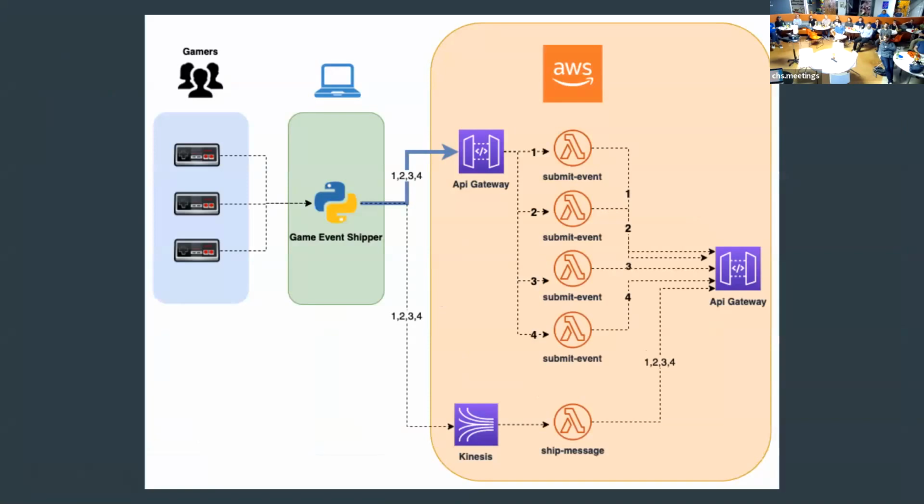Now, the reason why I did it 2 different ways is because originally I just started with Kinesis, and you sent a batch of events, and the problem is that Kinesis is polled, so you can only receive messages at most once per second, and this is where the lifespan of the event, or the time at which it's relevant, matters.